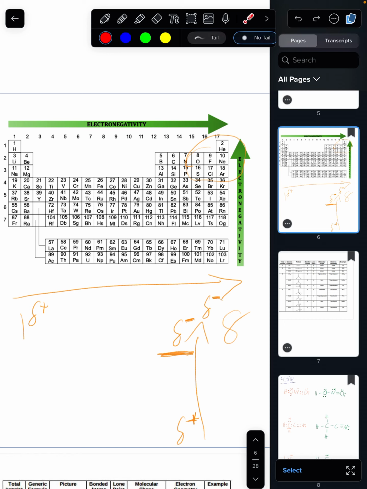Okay? And in this case, these ones over here, they typically are missing their electrons, and so they're typically that positive. Okay? So this would just be a good side note kind of a thing, because that will help determine where it goes.